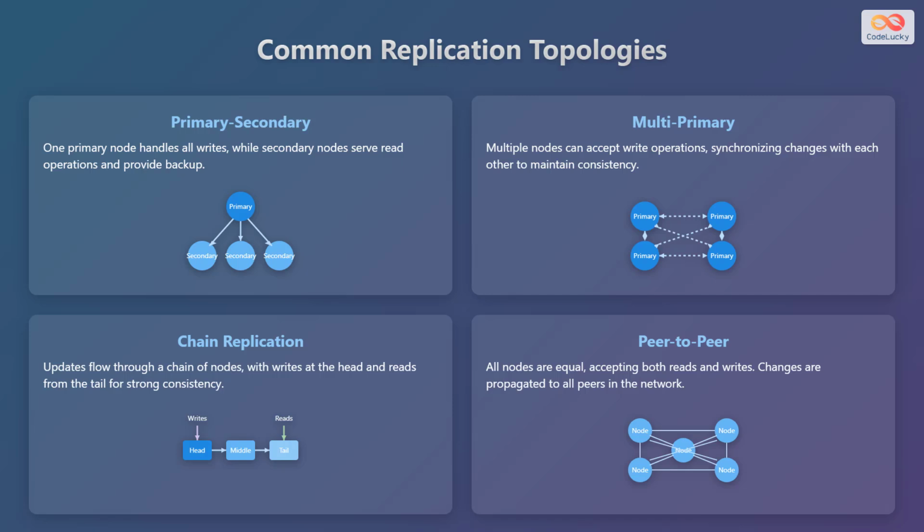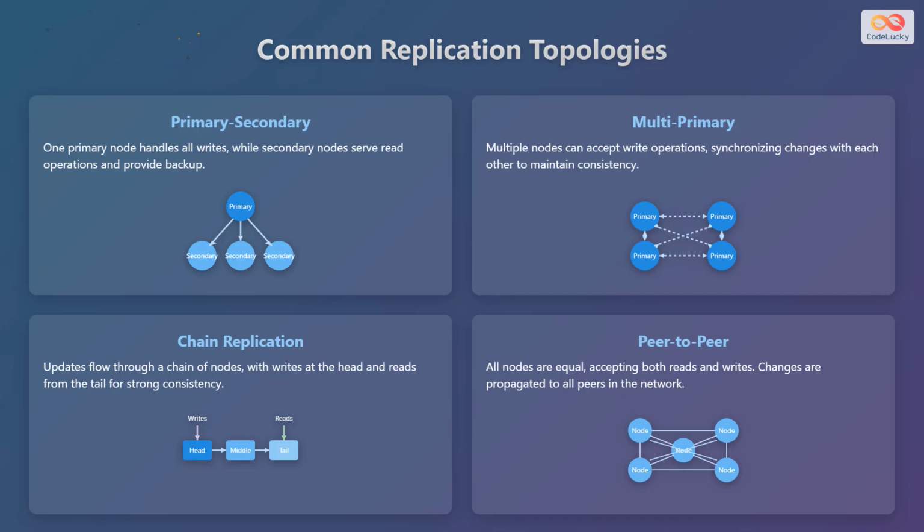There are several common replication topologies, each with its own characteristics. The first one is the primary-secondary setup, in which one primary node handles all write operations, while secondary nodes serve read operations and provide backup. Multi-primary setup enables multiple nodes to accept write operations, synchronizing changes with each other to maintain consistency.